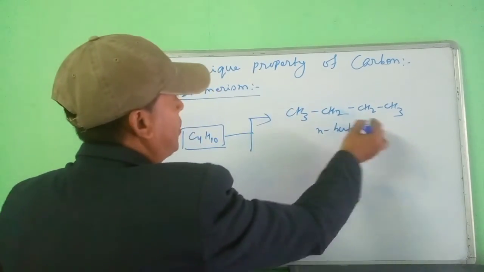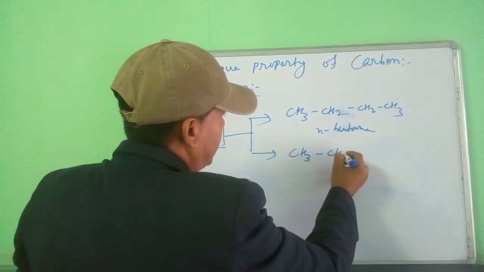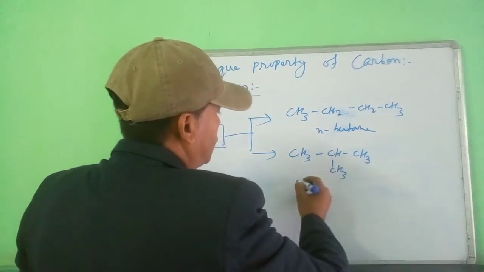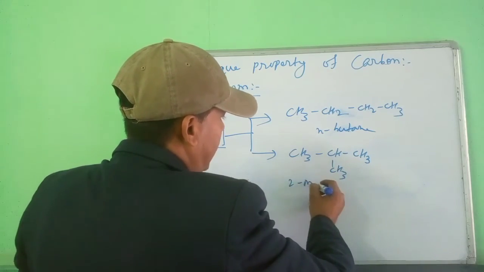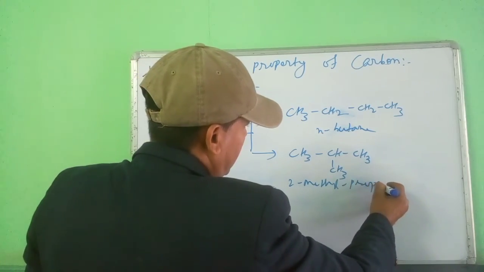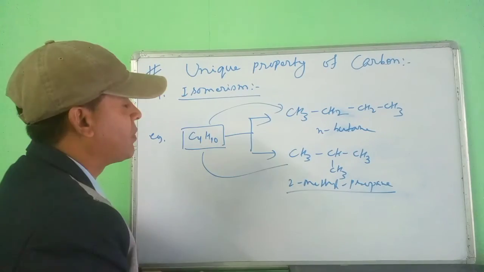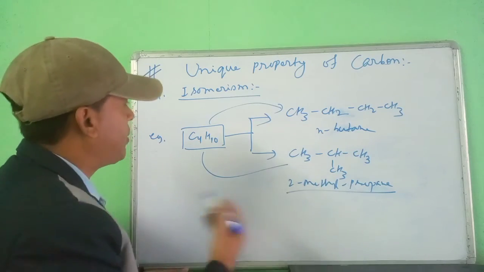Total number of carbon 4. Now another can be written here, the branch chain, CH3, CH and CH3. Here CH3. So here this straight chain, other is the alkyl group. So 2-methyl propane is the name of the compound here. So different compounds have different physical properties, chemical properties.